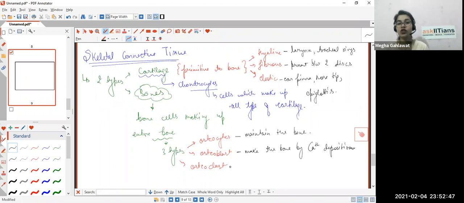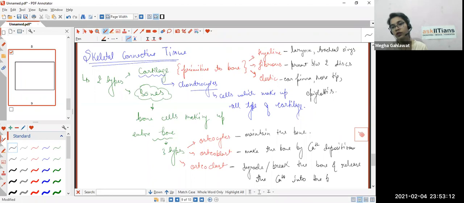Then we have the osteoclasts, which degrade or break the bone and release the calcium into the blood again.